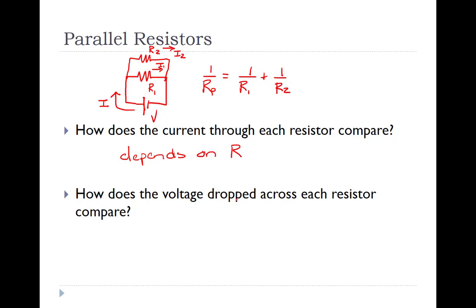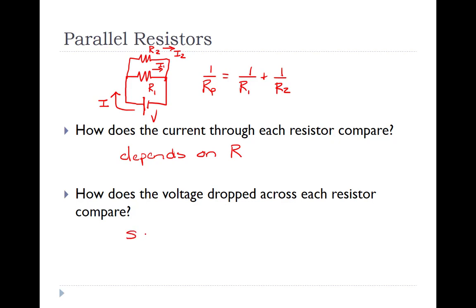How does the voltage across each resistor compare? The voltage used by each resistor. Well, in this circuit, if I start at the battery, I come out, I go through R1, and I come back to the battery, which means that whatever the battery is producing, resistor R1 has to use it all. If I look at R2, I come out of the battery, I go through R2 and come back to the battery, and whatever the battery is producing, R2 also has to use.